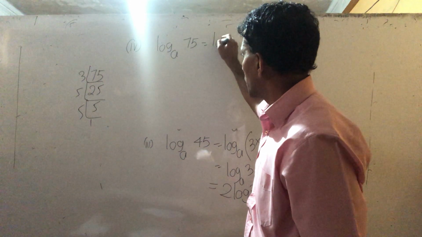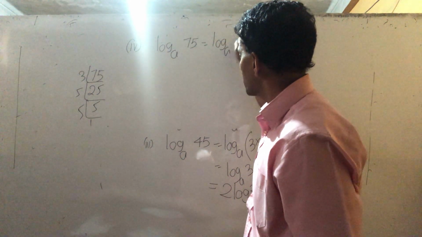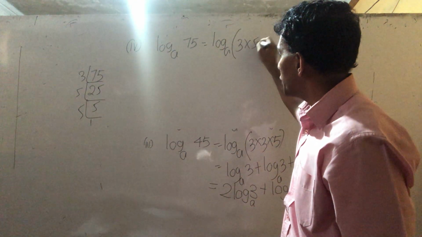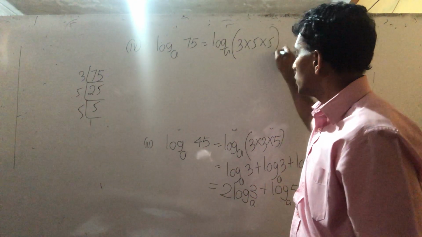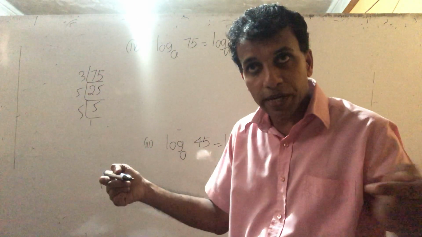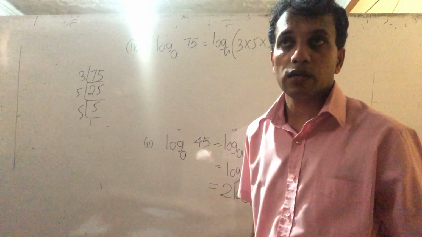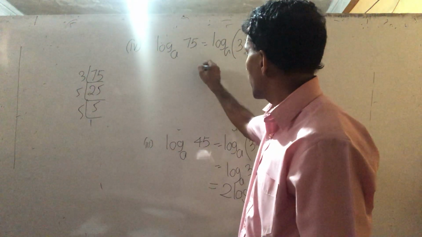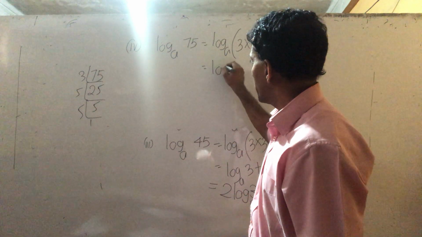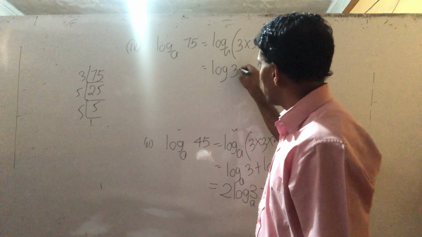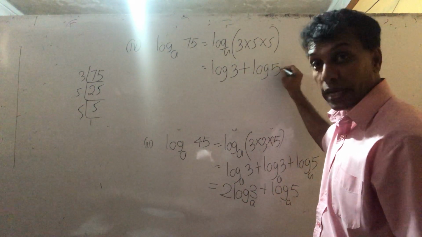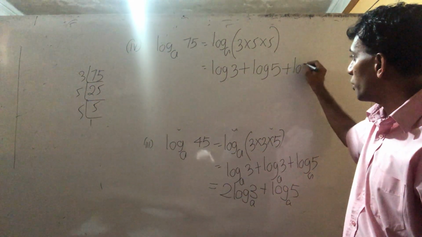So logarithm base a of 3 into 5 into 5. Now multiply the bracket and simplify. Rule number 1, expand: logarithm 3 plus logarithm 5, again plus logarithm 5.